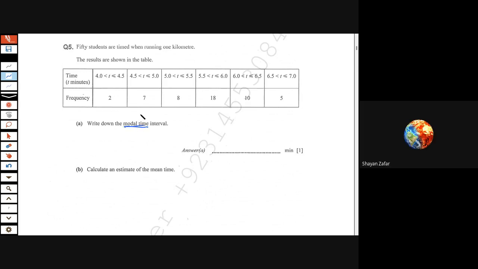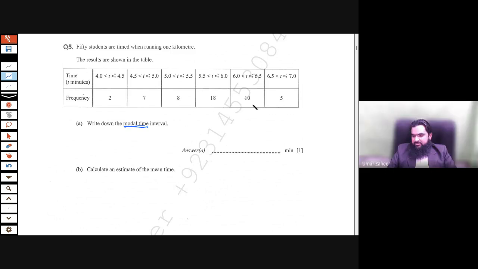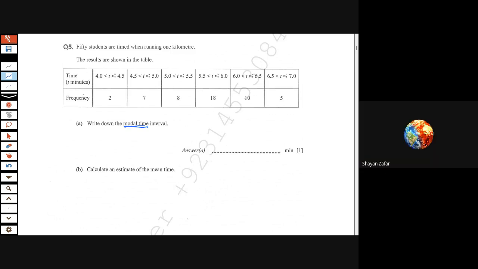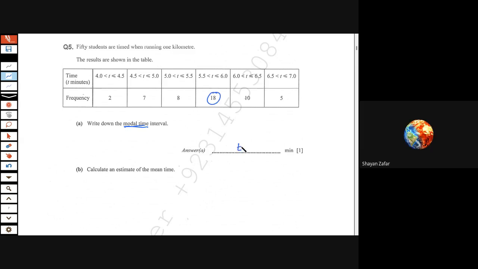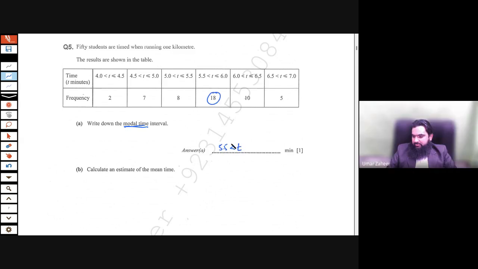So the modal time interval will be the group that has the higher frequency. It is greater than 5.5 to 6.0.